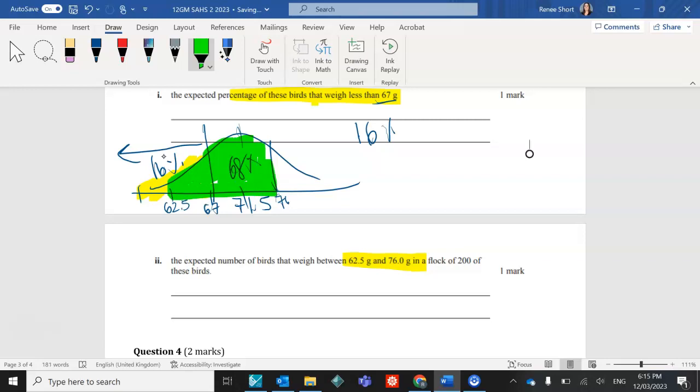Now we can clearly see that 68 is included, and if you remember from that diagram, this bit here is 13.5. So we have 81.5% of the data fits in there.